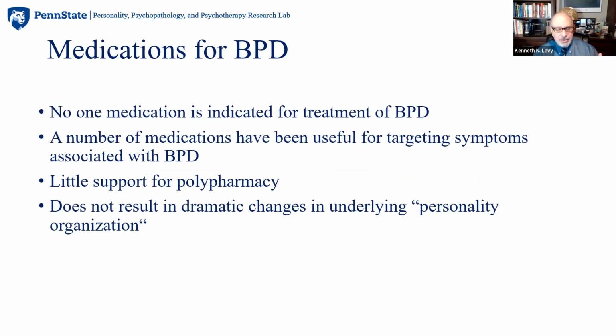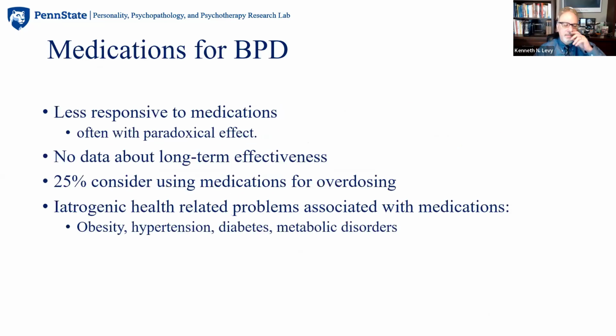A number of medications are used for targeting symptoms, but there is little support for the polypharmacy. The medications are not necessarily going to result in dramatic changes in underlying personality organization. Borderline patients tend to be less responsive to medications, often with paradoxical side effects, and can use the medications for overdosing.